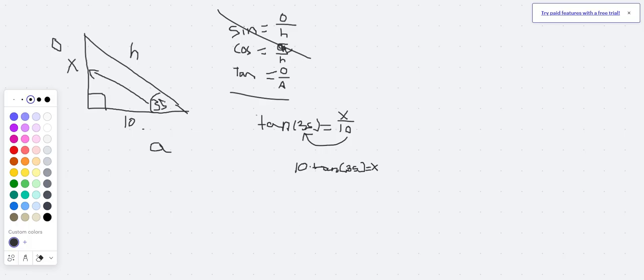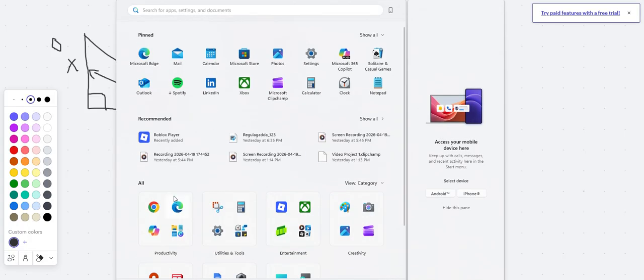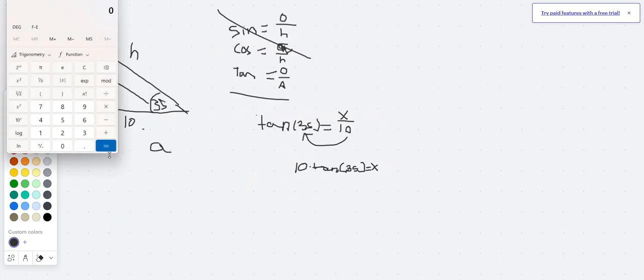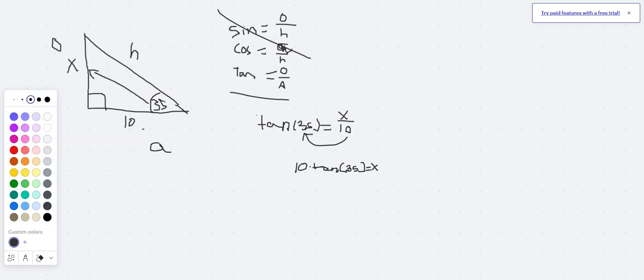And we can pull up the calculator actually right now, so let's do that. Calculator, trigonometry. So you could say tan. Actually, there are better ways.